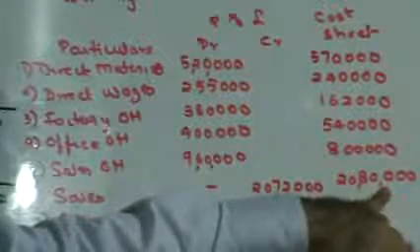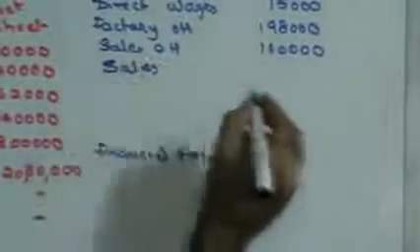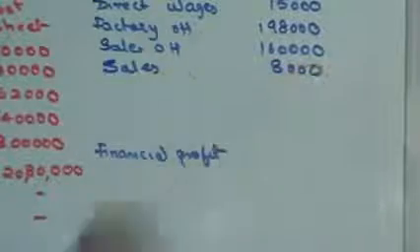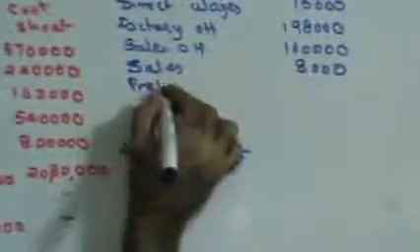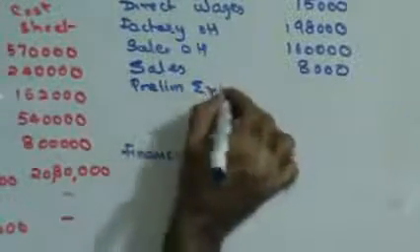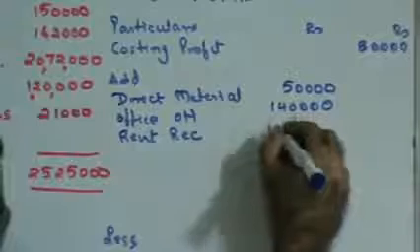Since it is a credit side entry, it will be recorded on the reverse side. It is more, it will come in less column. Sales amount is 8,000 is the difference. Right? Preliminary expenses is less in cost sheet, so it will come in less column. Preliminary expenses 30,000. Right? Rent received is less in cost sheet, but it is a credit side entry, therefore it will come in the add column, more column. Rent received 1,20,000.